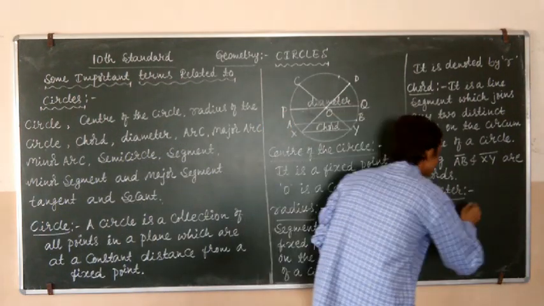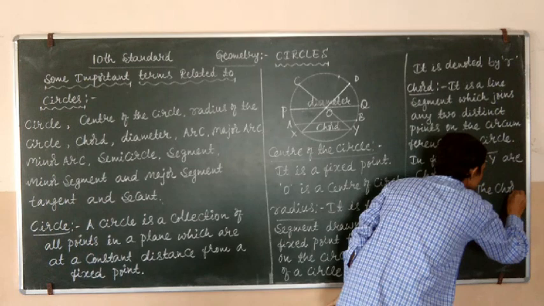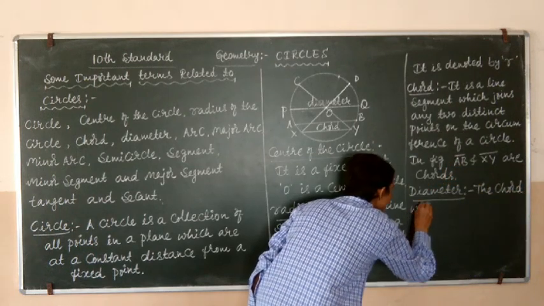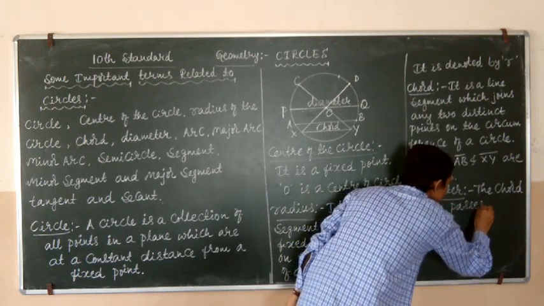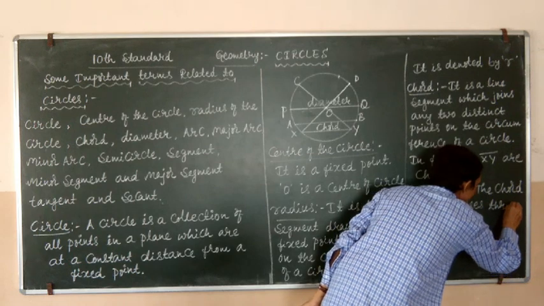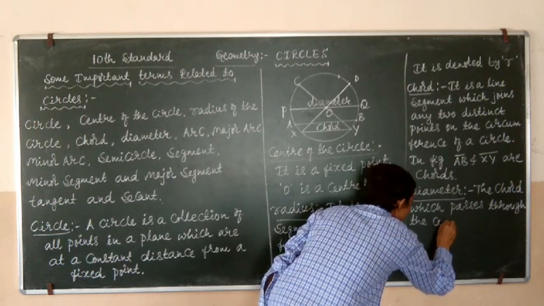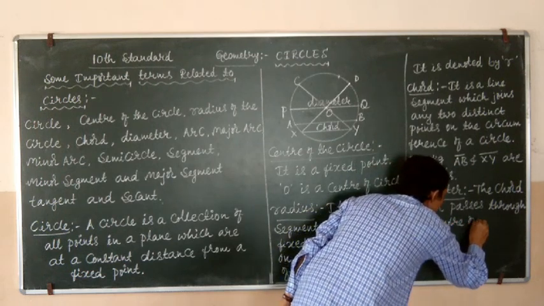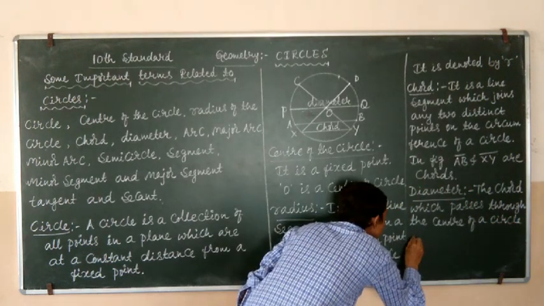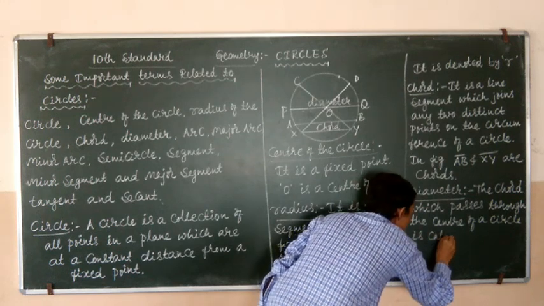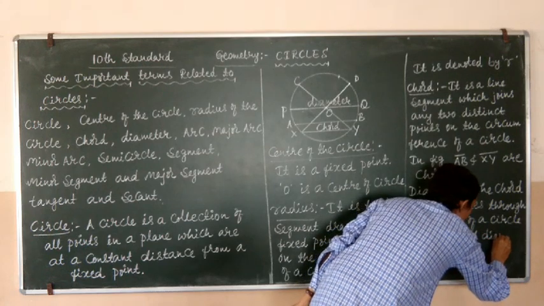So the definition: a diameter means the chord which passes through the center of a circle is called a diameter.